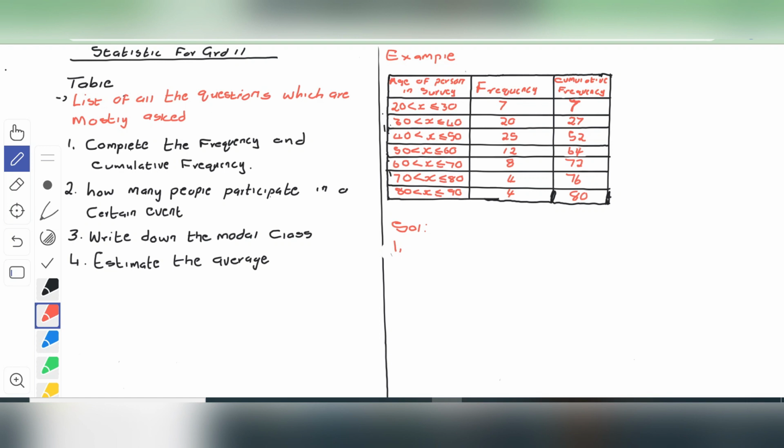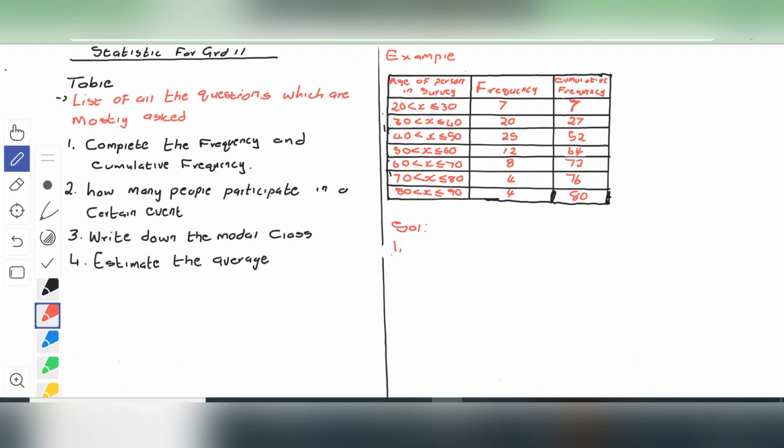Then we're going to get 52, meaning now we have 52 people, and so on until 80, meaning now we have 80 people. So the cumulative frequency is about the total number of people which participate in a certain event, right? So we are done with calculating the cumulative frequency.